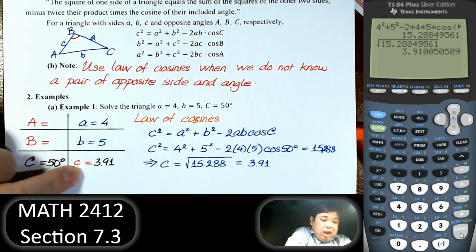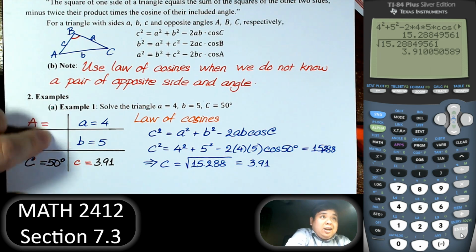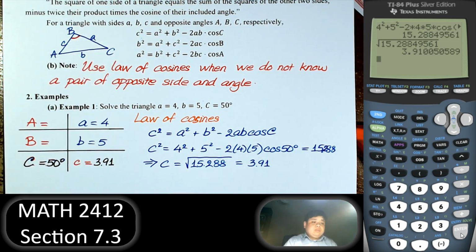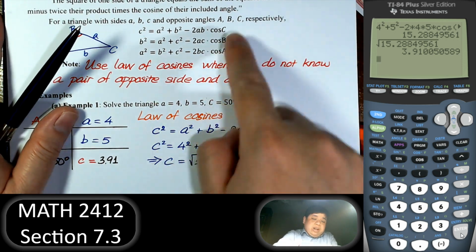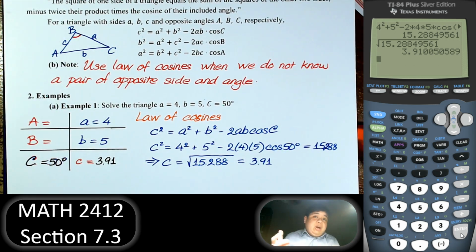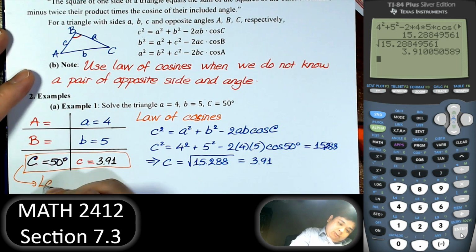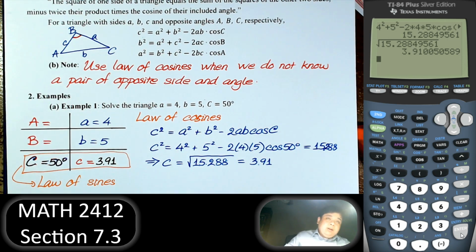Next we have a pair of opposite side and angle. We can find this angle. Also, when we know all the sides, we can find the angle as well. So here we have the option to use the law of cosines or the law of sines, but I will go with the law of sines here because I have the pair of opposite side and angle.